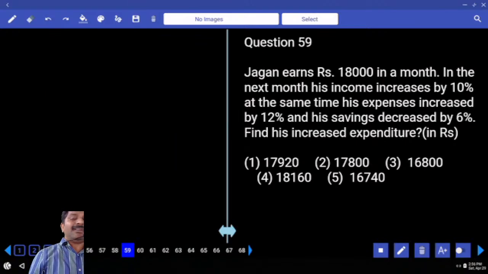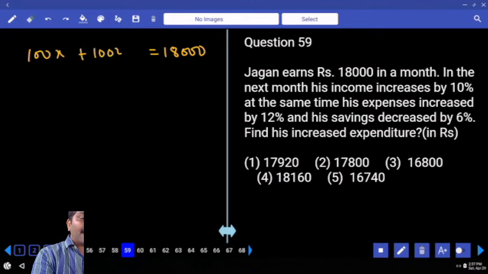Usually, many people take 18,000 as expenditure plus savings, right? So they take expenditure as 100x and savings as 100y. Expenditure plus savings must be equal to income. Agreed or not?